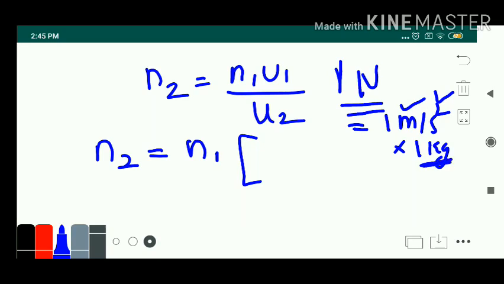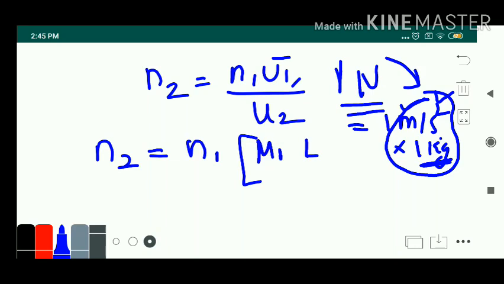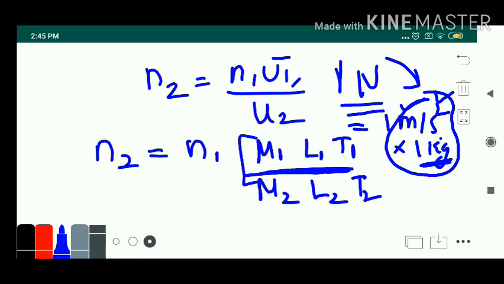Similarly, this u1, the unit Newton, is 1 kilogram meter per second square. So u1 can be written as a combination of mass, length, and time, so I can write it as M1 L1 T1. Similarly, u2 also can be written as a combination of mass, length, and time. Clear? I just want you to understand where M1, L1 and T1 come from.